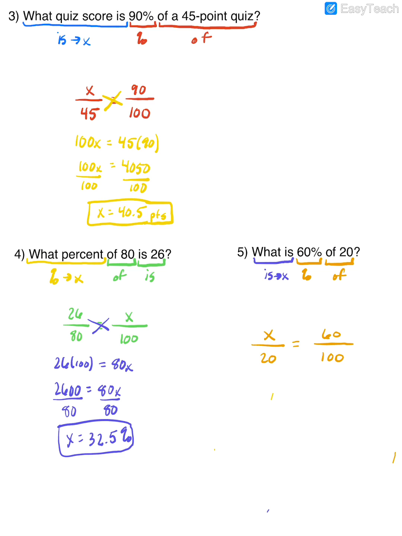Okay. So now I want to cross multiply. So x times 100 gets me 100x. 20 times 60, that is actually 1200. And here I want to divide by 100. So x will equal 12.